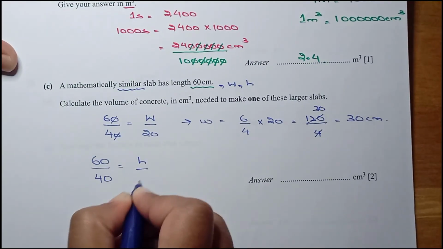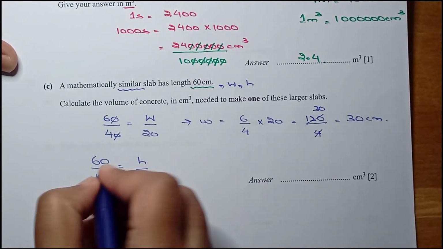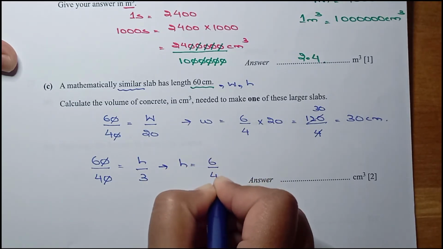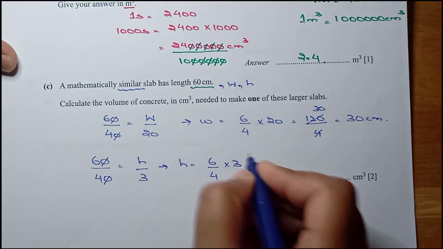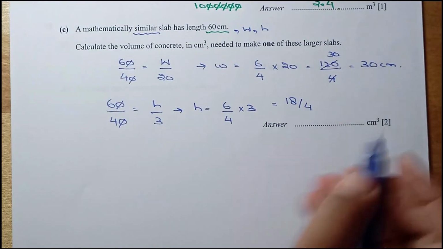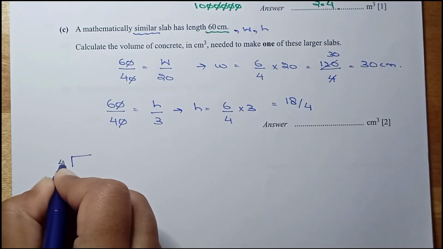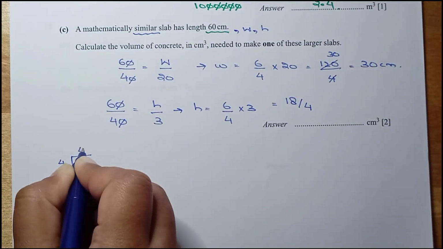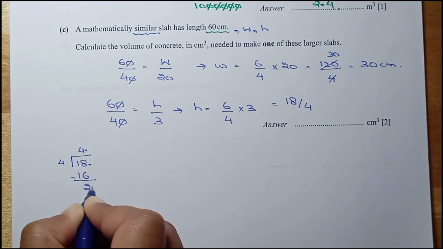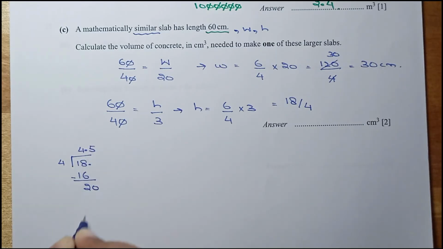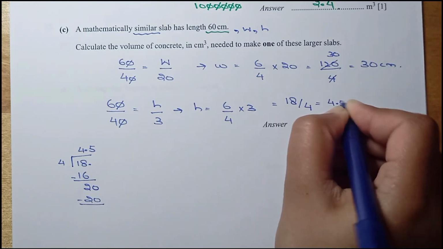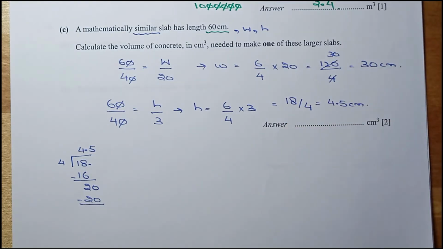Dividing by 3, we can cancel the zeros, and from here the height would be equal to 6 by 4 times 3, right? 6 times 3 is 18. 18 divided by 4: 4 times 4 is 16, and 2 is a remainder, and 0, and 4 times 5 is 20. So 4.5 centimeter is the height.